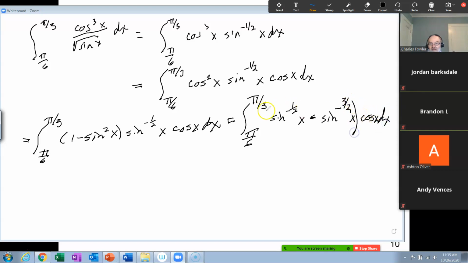Now, this is a lot of writing. After a while, you'll probably learn to skip a few steps here, but let's just draw it out in gory detail right now. Pi 6 to pi thirds.